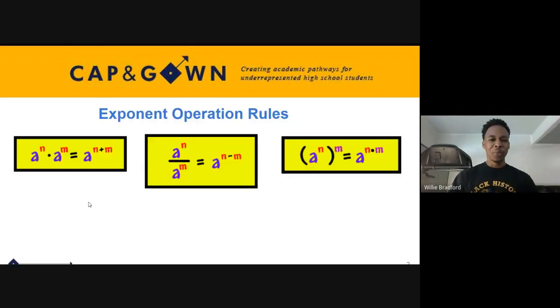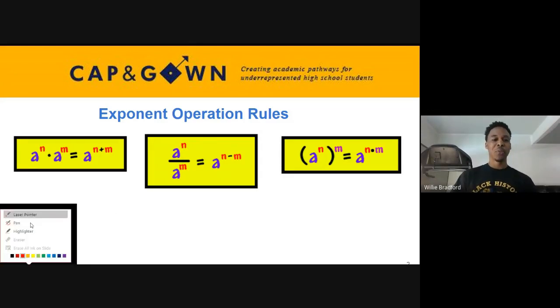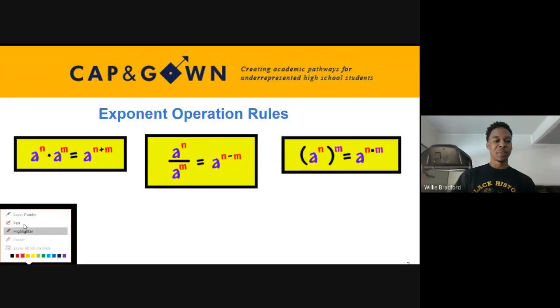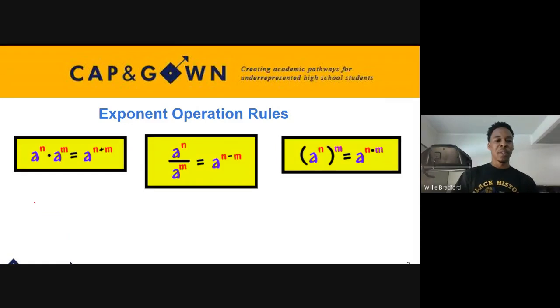Before we get started, I want to remind you of some exponent operation rules. If we have the same base with different exponents and we're multiplying them together, we simply add the exponents, and that'll give us our answer.